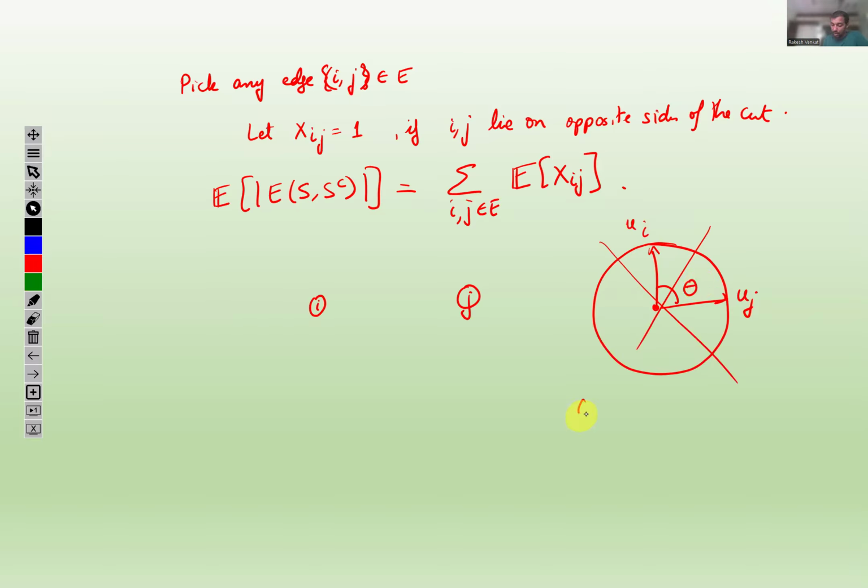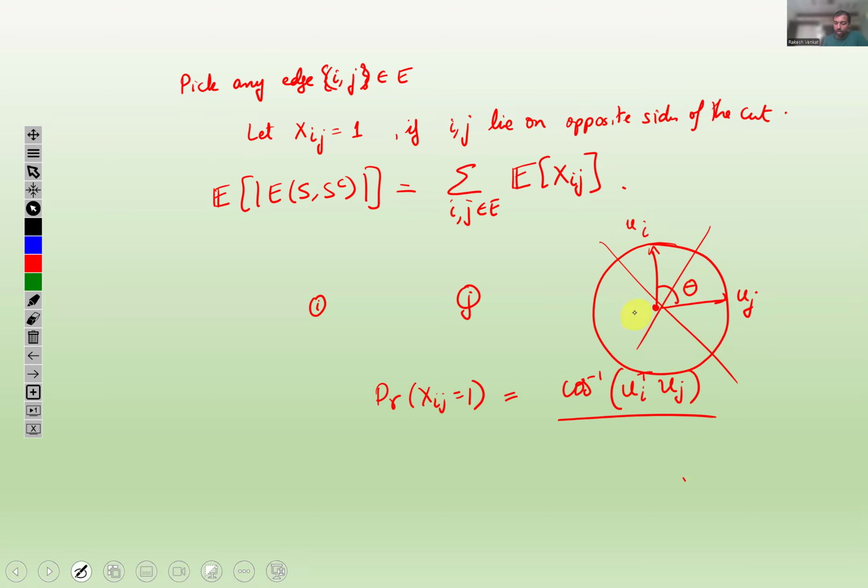And what is theta? Theta is cos inverse. So probability of opposite sides, xij equal to 1, is ui transpose uj divided by, well, it's not 2 pi, because the theta could be here also.